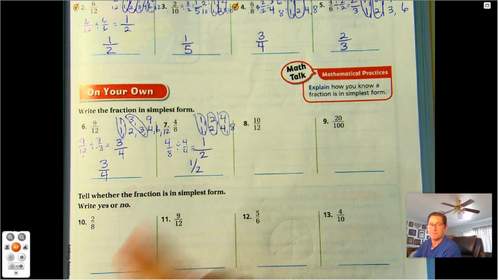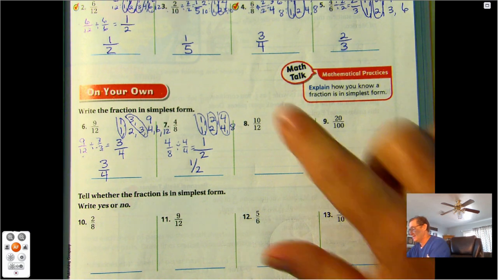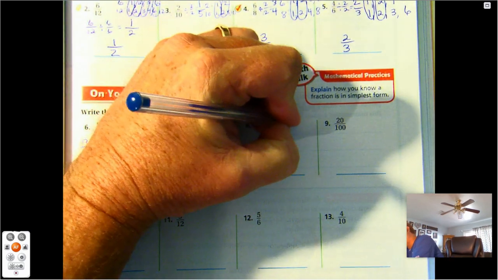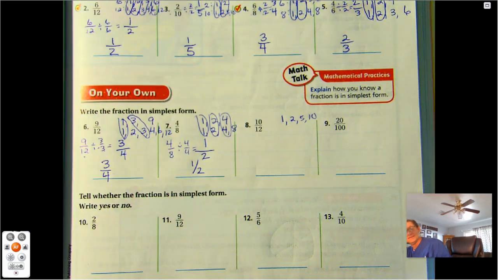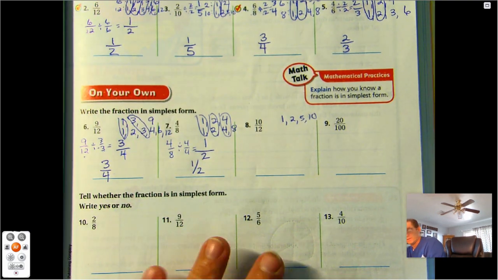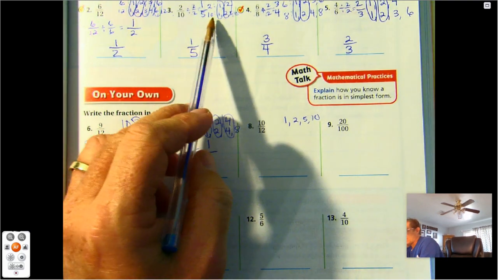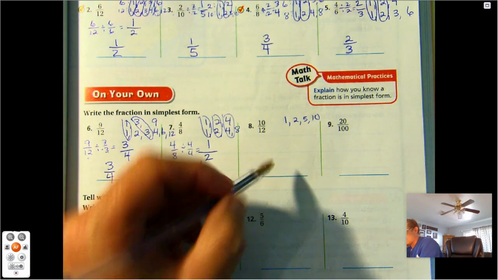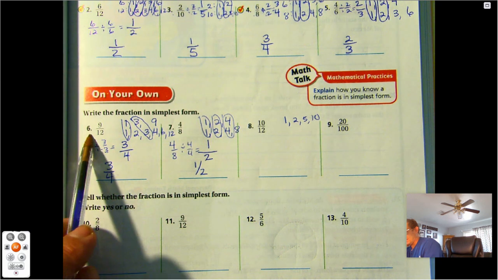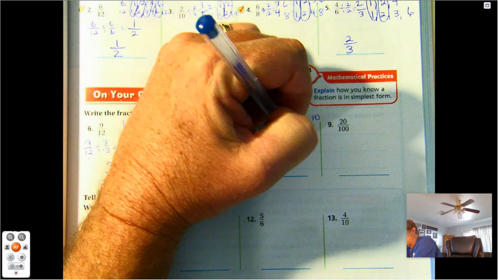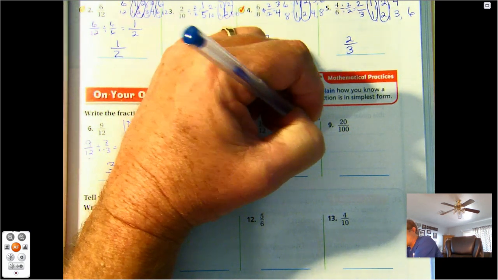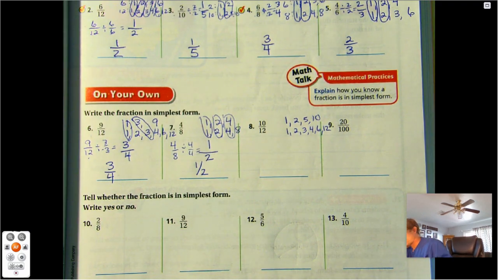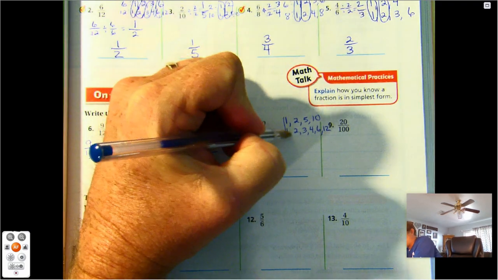10/12. Factors of 10, 1, 2, 5, 10. Okay. And I've already listed those factors of 10. 1, 2, 5, 10. Factors of 12. We just did that in number 6. So 1, 2, 3, 4, 6, 12. The factors in common are 1, 2, and that's it.